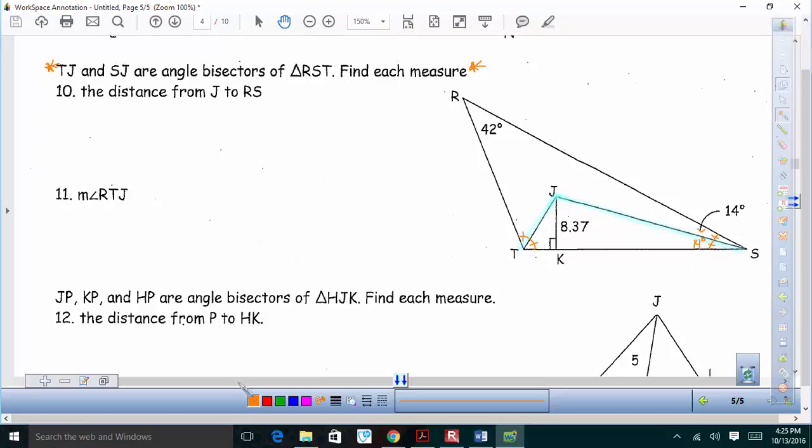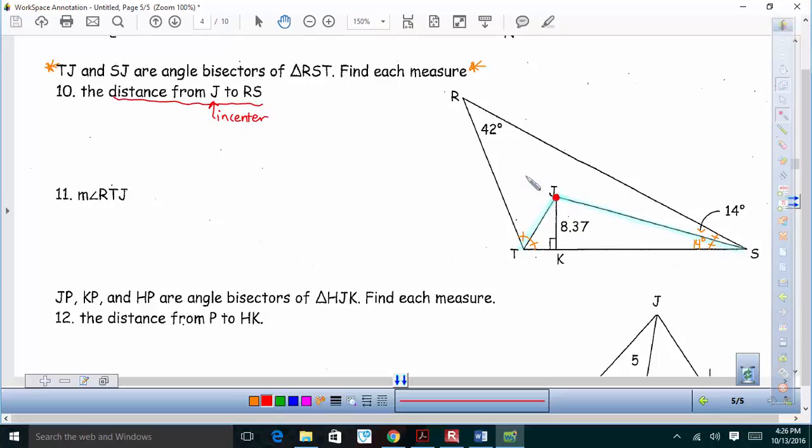degrees. Okay? They asked me to find the distance from J to RS. So J is right here. Now, J is the point that is connecting this angle bisector and this angle bisector. The point that connects the angle bisectors is the incenter.